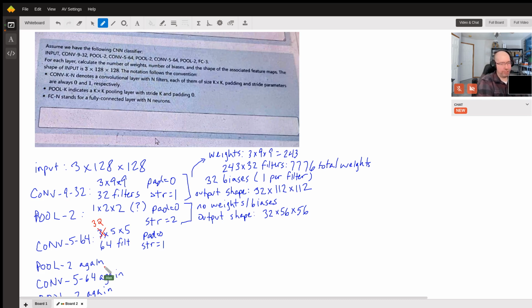Actually, while I'm checking, let me just double check how a pooling layer in PyTorch is supposed to handle channels.